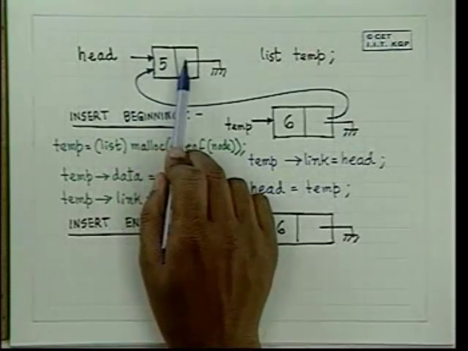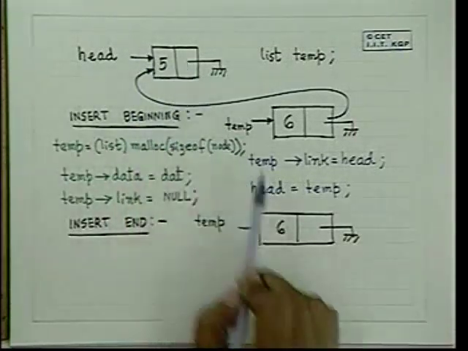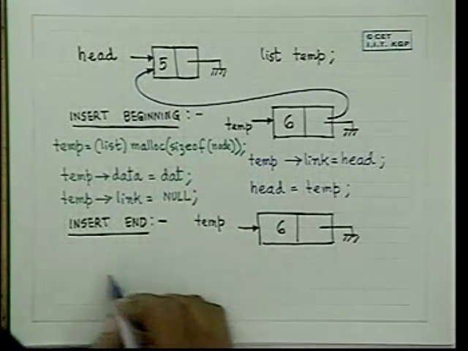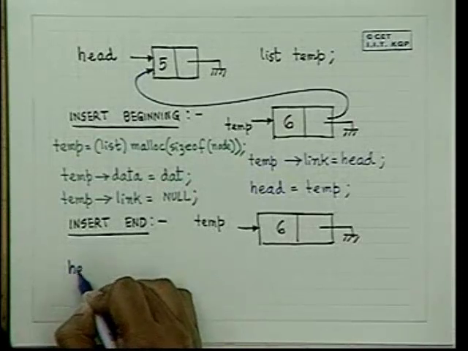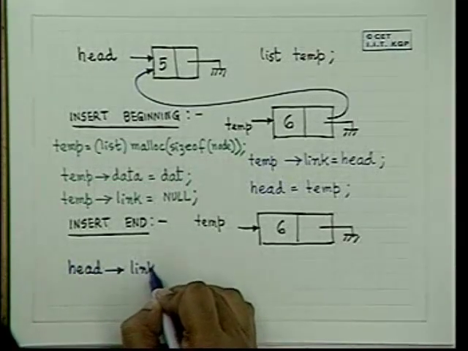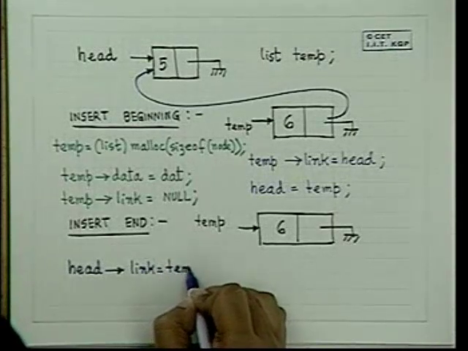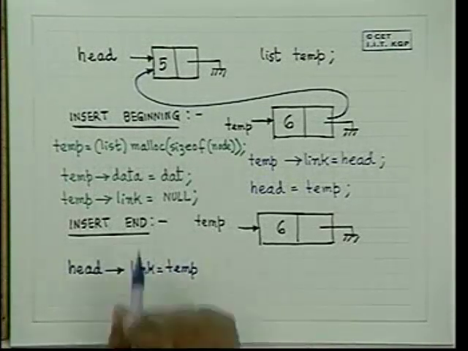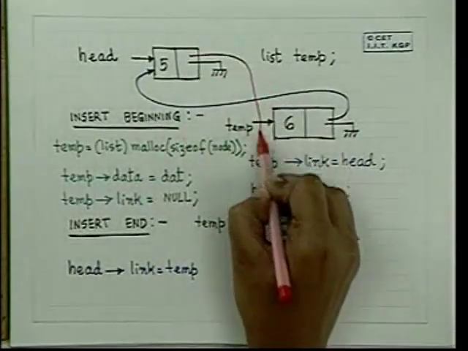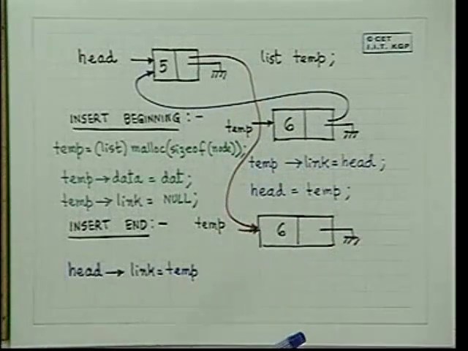Then head dot link will be assigned temp. That's all. So, a very simplistic way of arguing is head dot link is equal to temp, and you get a structure which is something like this. In red, it will be something like this.